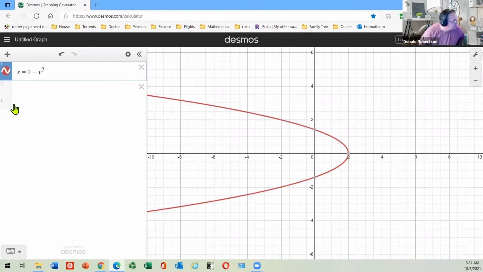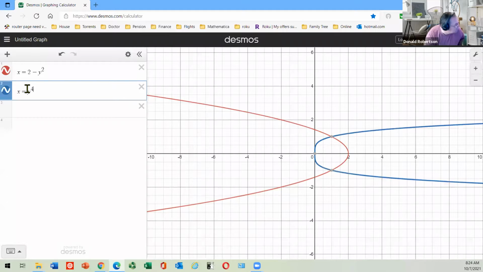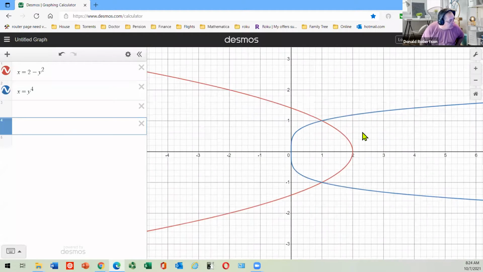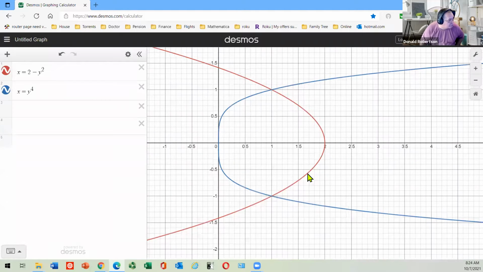Forgot my x's. There we go. In my second one, it's going to be x equals y to the 4. There we go. I'll zoom in on this a little bit. There, can you see it? Looks like a squashed egg, I guess.